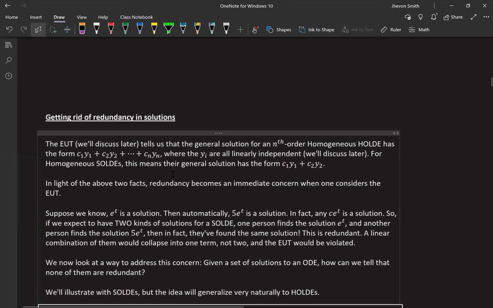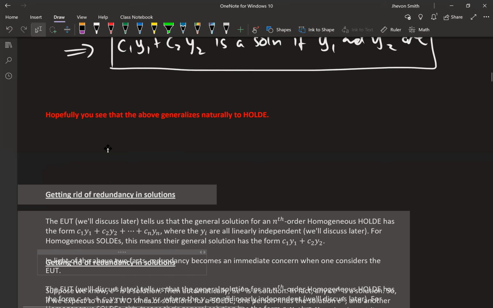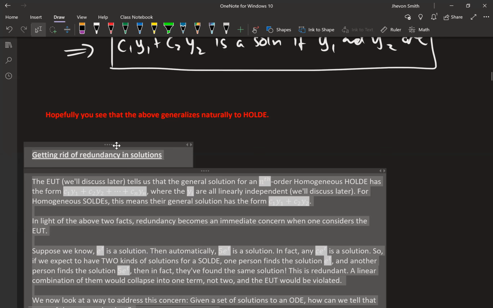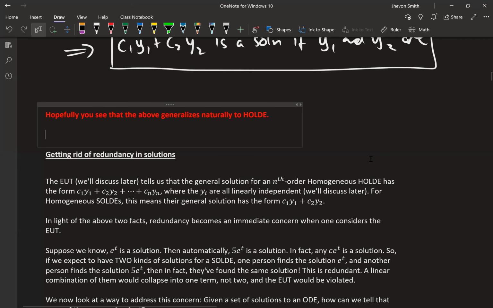Okay. Now, here is something that is obviously a concern based on what I said above. It means that if someone tells me a function is a solution, then if someone else tells me a constant times that function is a solution, well, it's kind of redundant.